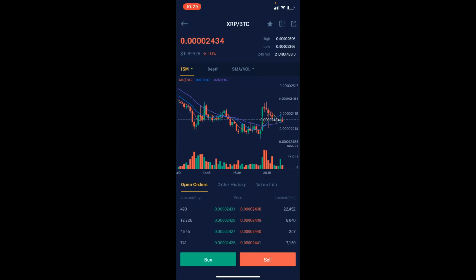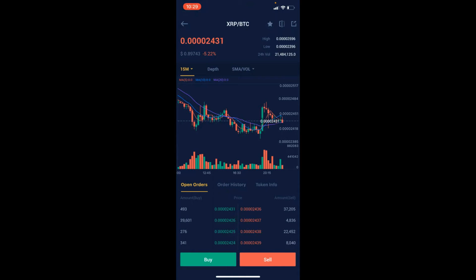A lot of people are confused by the chart because they don't know what all of this means. Well, if you look right under this big red highlighted number at the top left of the screen, there is a small number under it where it says $0.89, 89 cents.